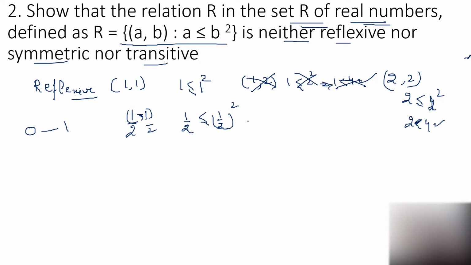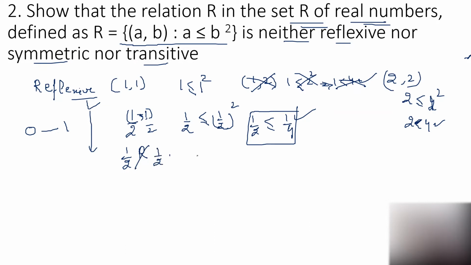Now let's check 1 by 2: is it less than or equal to 1 by 4? No. So this was the counter example to prove that it is not reflexive, as 1 by 2 is not related to 1 by 2, where 1 by 2 belongs to the set of real numbers.